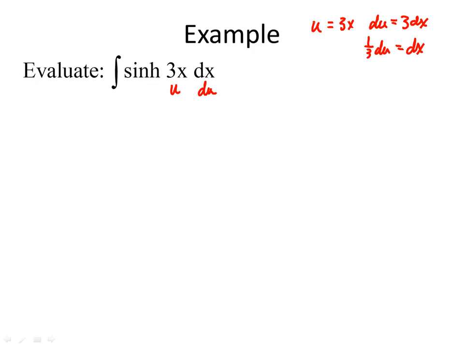All right, so 1/3 the integral of hyperbolic sine u du. And again, if you want to just go ahead and write it straight in, you can. So you're going to have 1/3. The antiderivative of the hyperbolic sine is going to be hyperbolic cosine u, which we said was 3x, plus c.